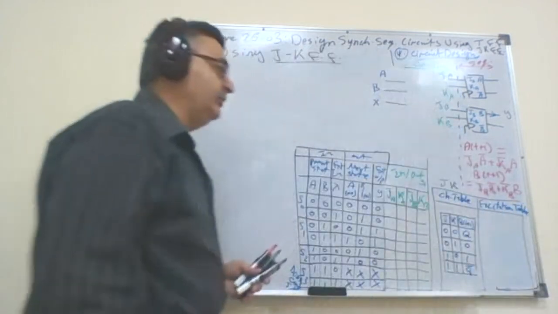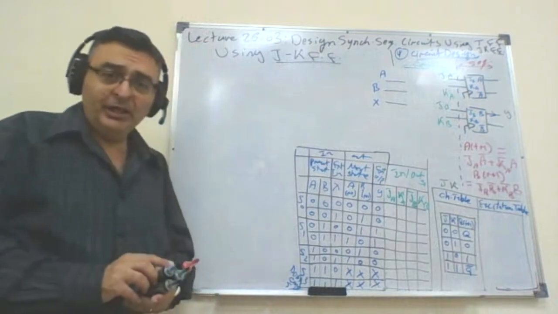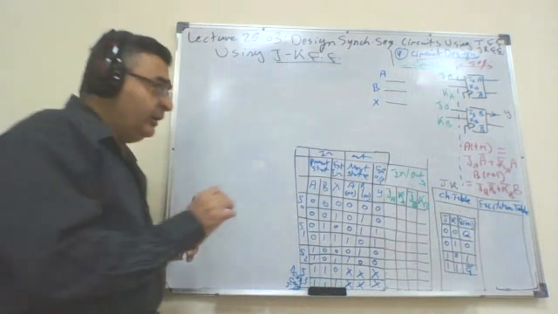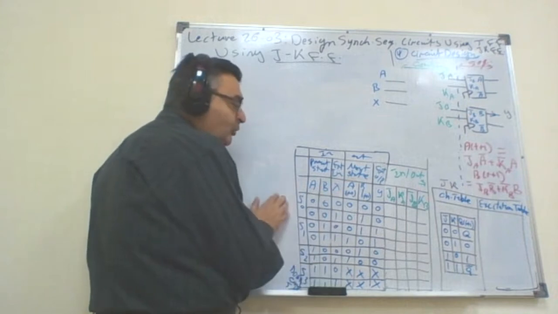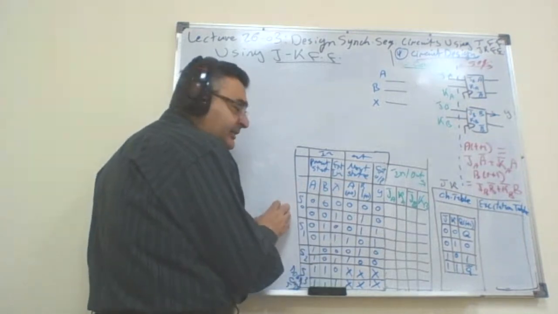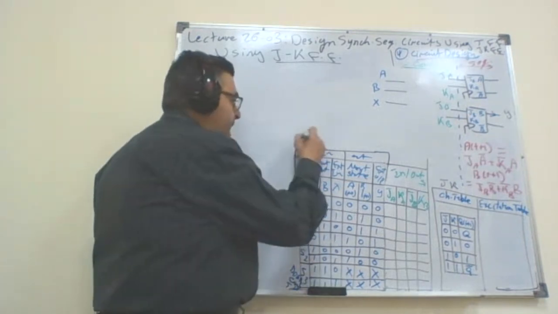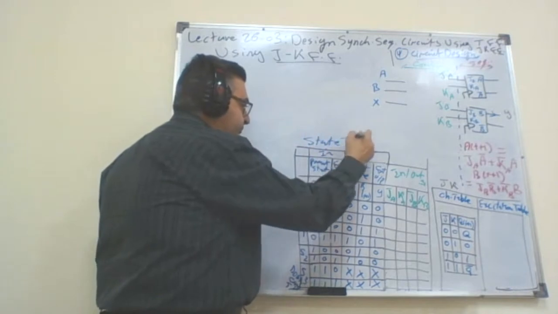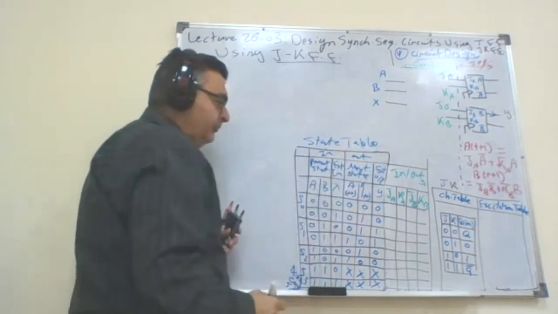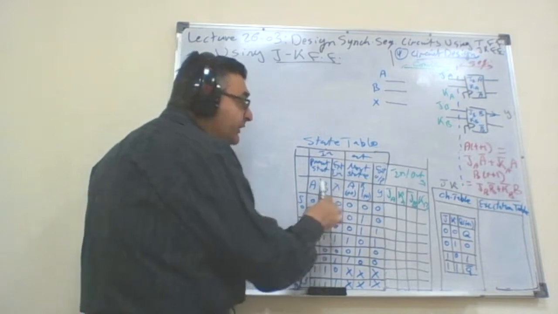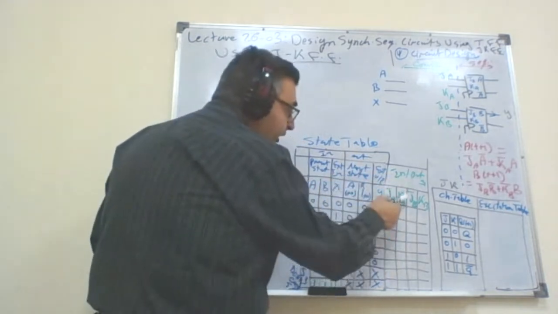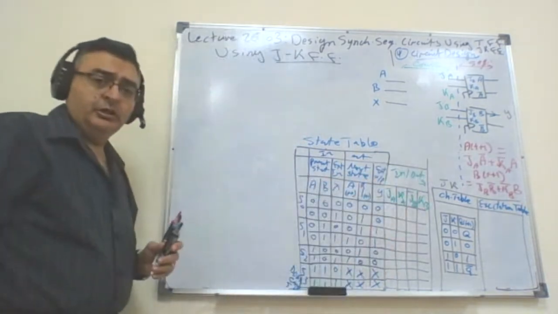What is the excitation table? The excitation table is a table that shows Q and Q of T plus 1, similar to what I have here in my state table. Here I have A and A of T plus 1, B and B of T plus 1, and I want to derive JK.